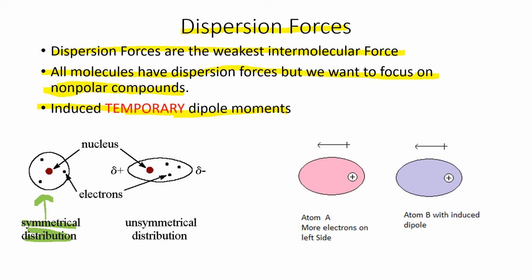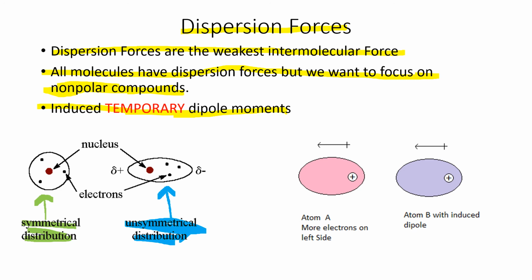But because electrons are constantly in motion, there may be a small instant in time where there may be an unsymmetrical distribution. This is what you're seeing on the right-hand portion, highlighted in blue. Imagine in an instant in time, they're not evenly distributed. Just from their random motions, that could happen.